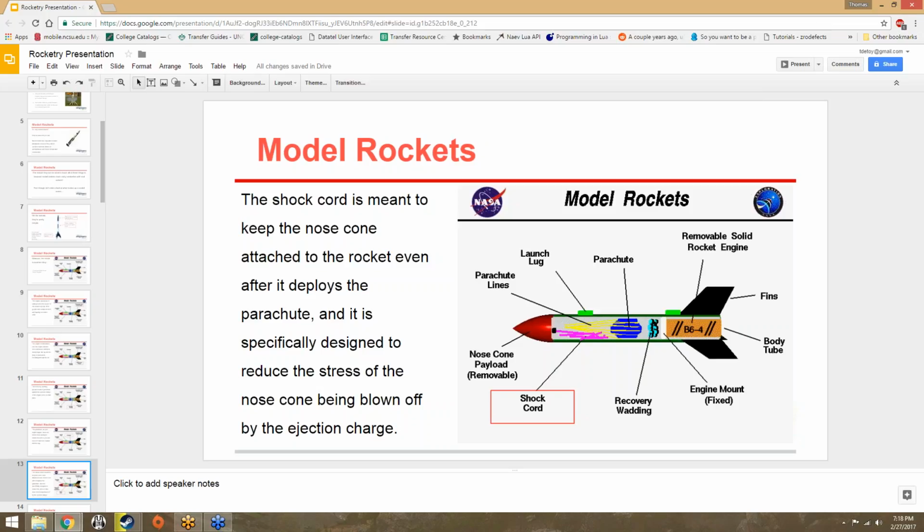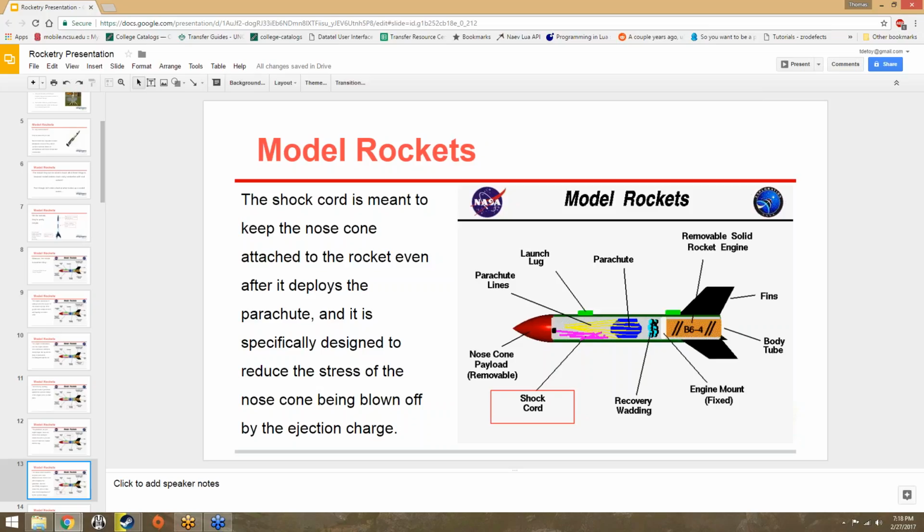Just because the amount of force that's involved in blowing the nose cone off and the parachute out and stuff like that is pretty stressful for paper or cardboard. So the shock cord is specifically designed to hold on to the nose cone while minimizing the amount of force that the rest of the rocket feels by it.